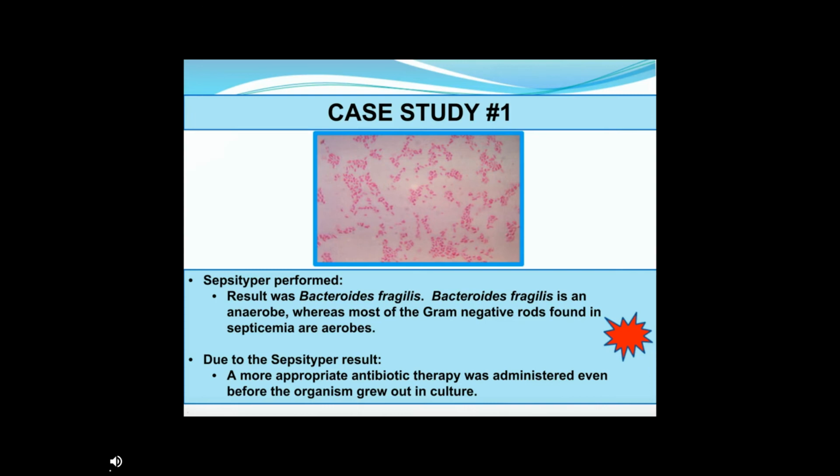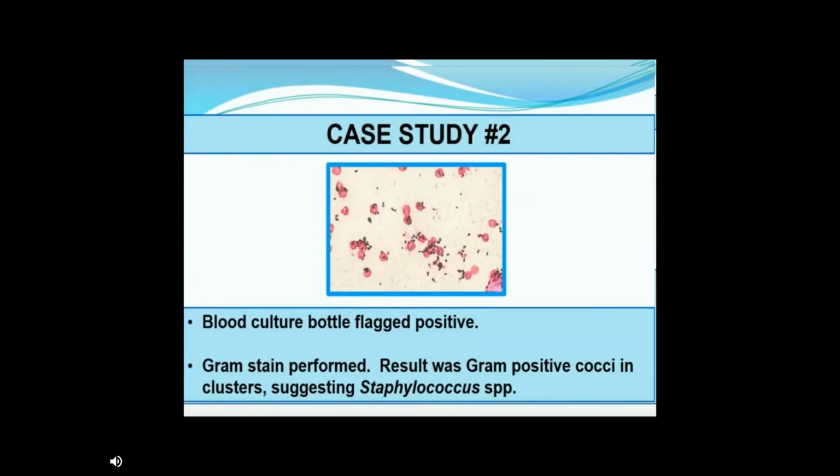Typically, for a gram-negative rod they're going to choose one type of therapy, and as you can imagine, if it's an anaerobe, they need to choose a different one. So this was great for them to see, and it definitely helped provide better patient care.